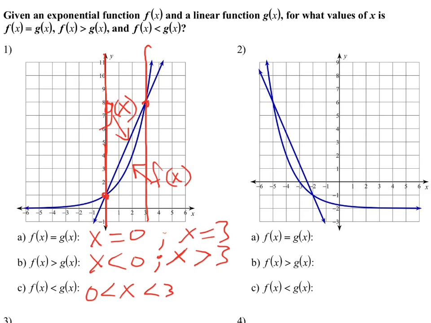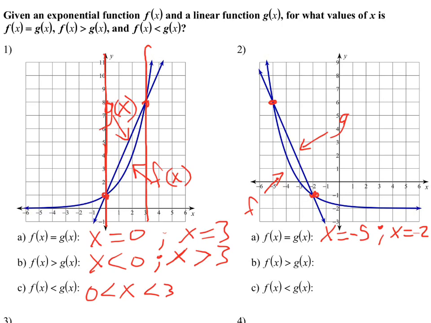The next one, again, g of x is the straight line, f of x is the curved one. These two intersect at these 2 points, which is x equals -5 and x equals -2.